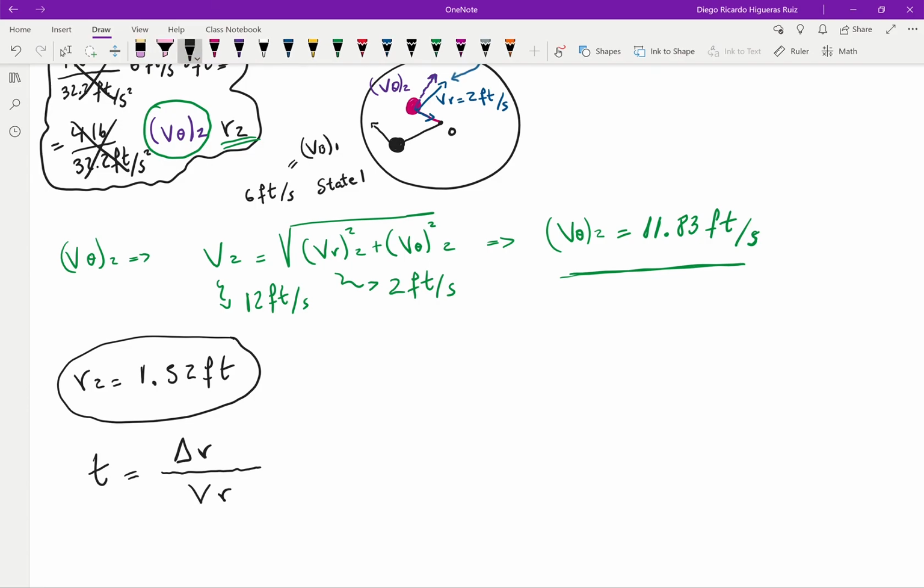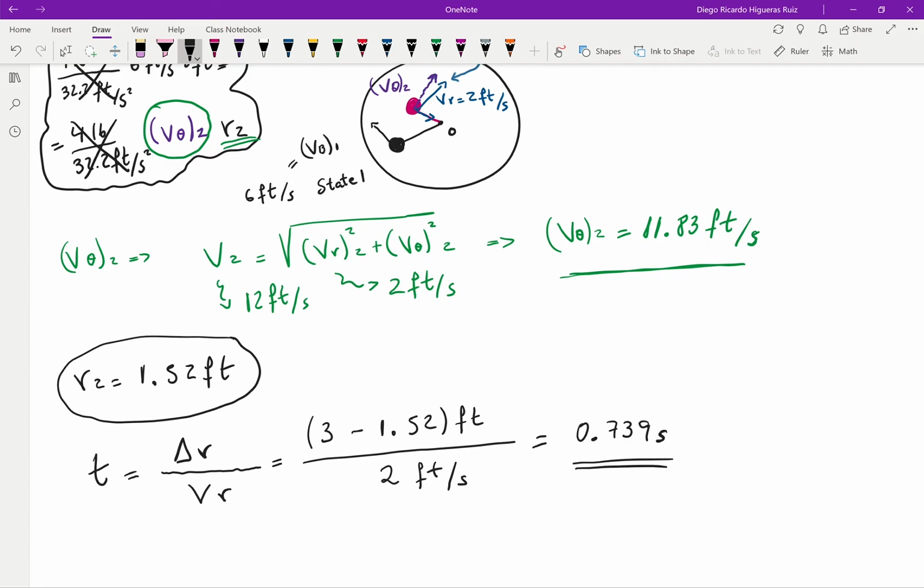That's why we can do this. So now R goes from 3 to 1.52, and that's the increment that we need to use, and we divide that by 2 feet per second. That's equal to 0.739 seconds. And that's it.